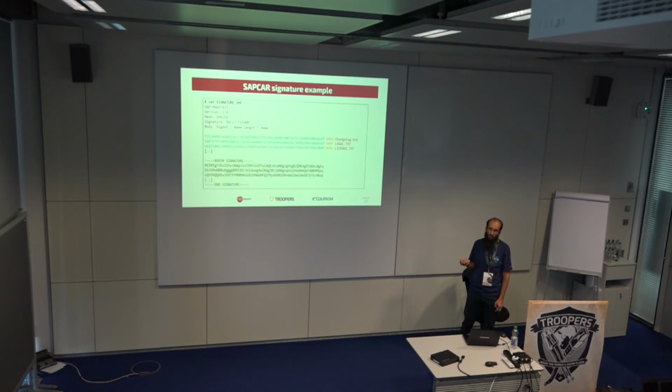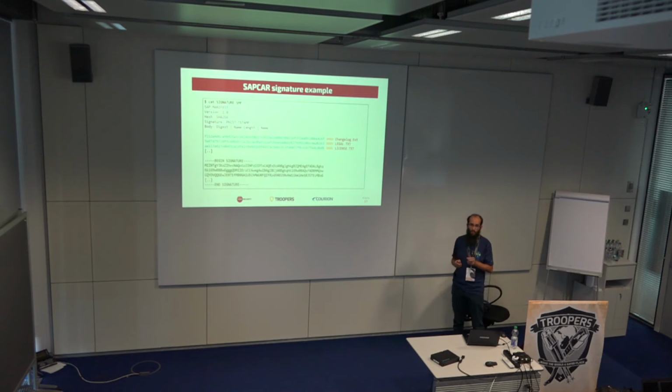So you can check that the file was signed by someone from SAP, but also when it was signed. So you can, for example, find things that might go wrong if the file has a new date compared to the one used for signing. So this is the general signature scheme.